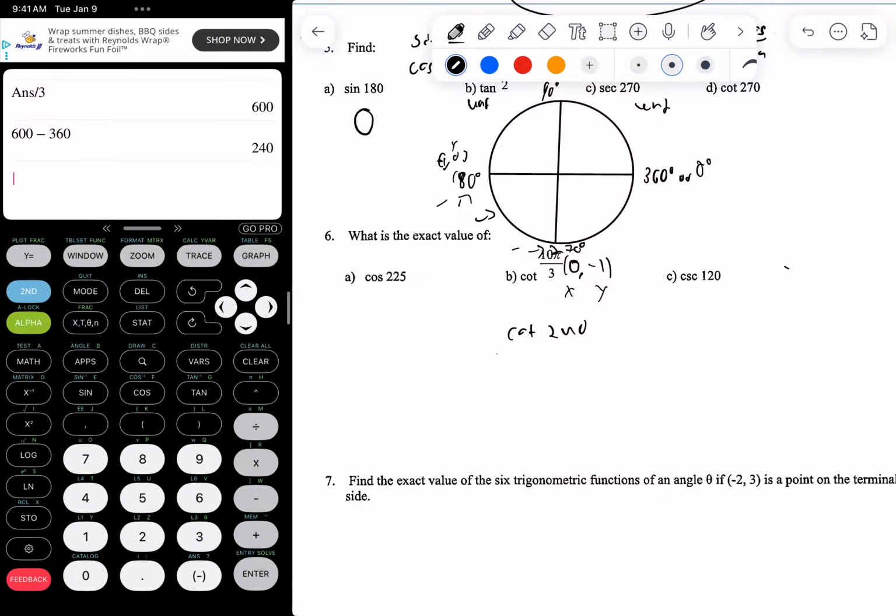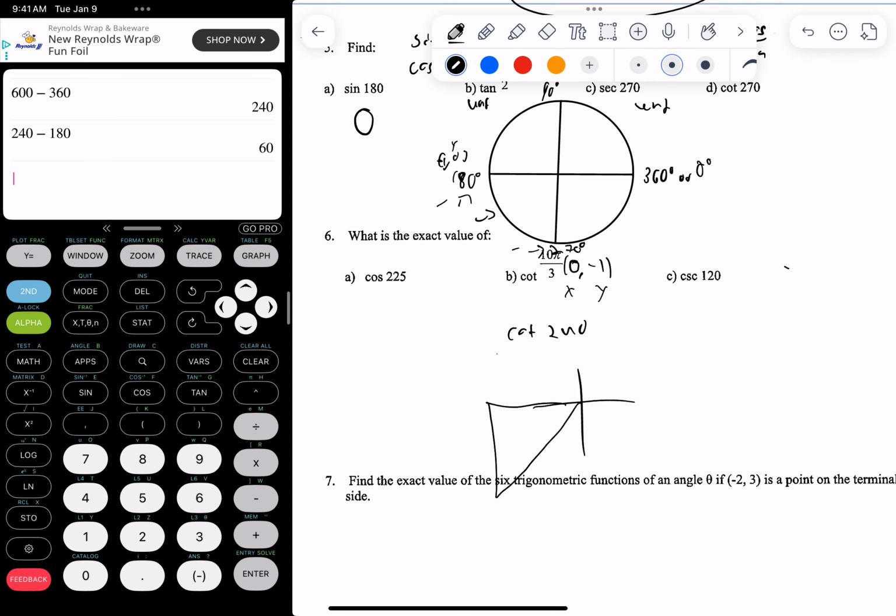Now you know it's also in between the 180 and the 270. So we find 240 minus 180 equals 60. So now we know our angle is going to be 60. Let's write that here, 60, and it's going to be a 30, 60, 90 triangle.